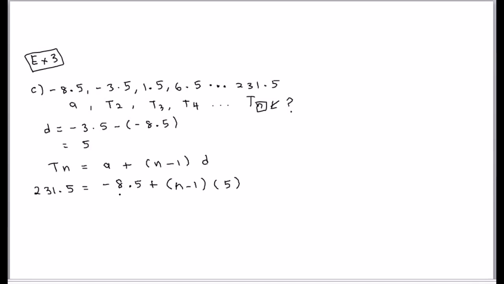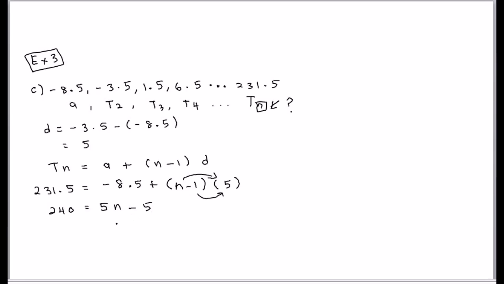Okay, we can transfer negative 8.5 to the other side. It will become positive. So 231.5 plus 8.5, we get 240 equals (n minus 1) multiplied by 5. So n multiplied by 5 is 5n. Negative 1 multiplied by 5 is minus 5.